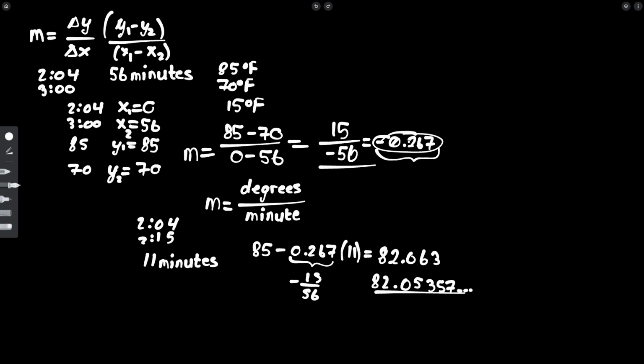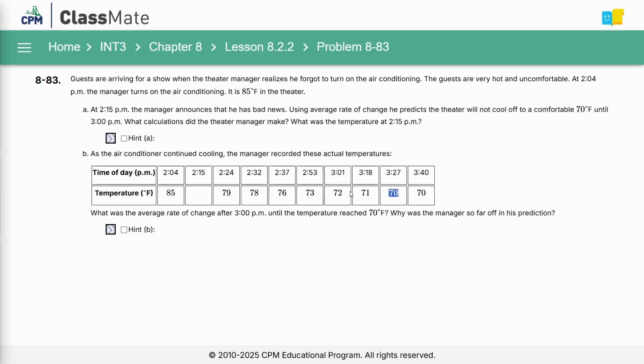And he assumed that was the case, but he was wrong. The change in temperature is exponential. We can see this because from 3:01 to 3:40, that's 39 minutes, the temperature only drops by 2 degrees. Or more accurately, from 3:01 to 3:27, that's 26 minutes, it only dropped by 2 degrees. That is a very small change.